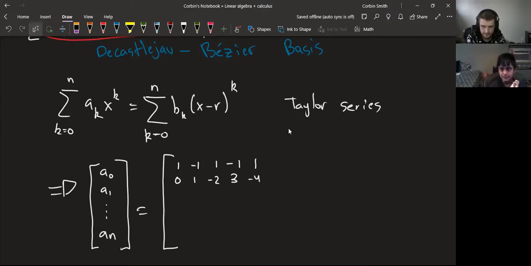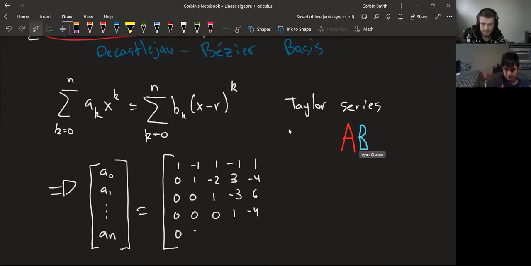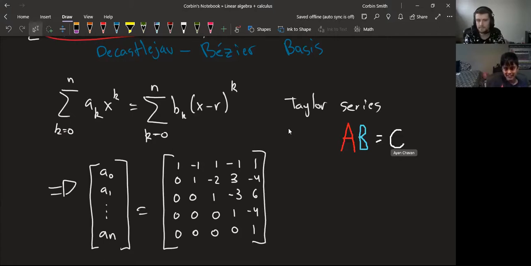I'm going to take a guess here, but if matrix A times matrix B equals matrix C, then I'm going to take a guess that matrix A inverse times matrix B inverse is equal to matrix C inverse.